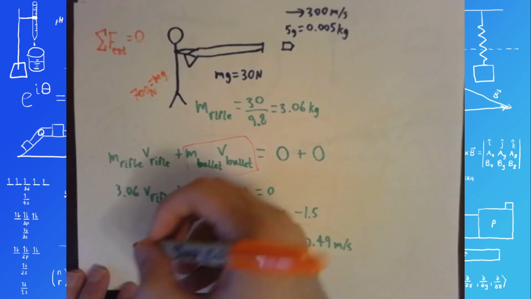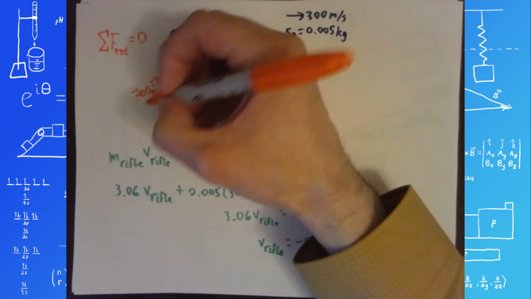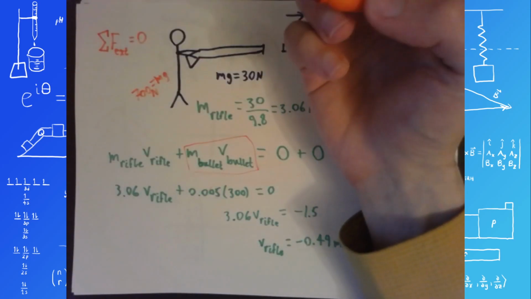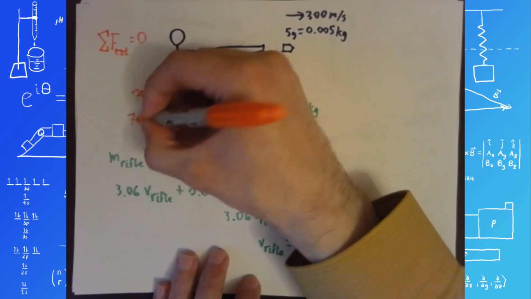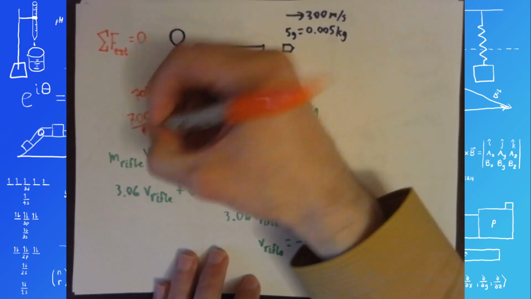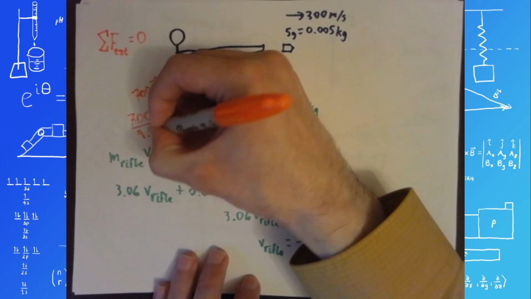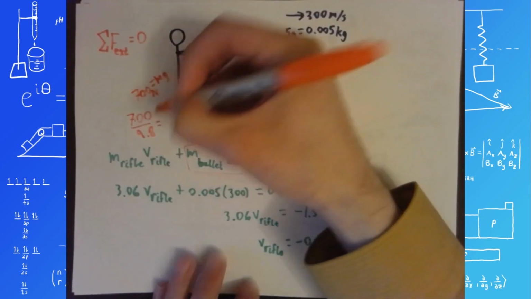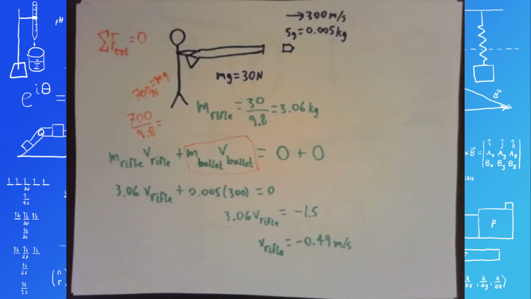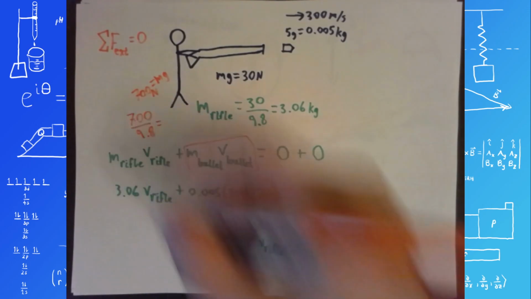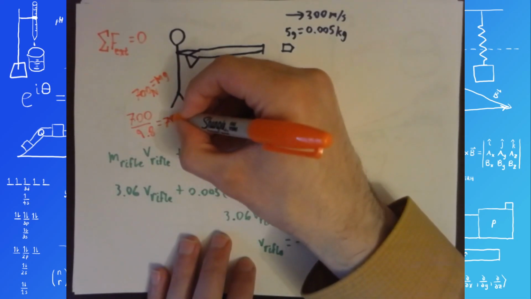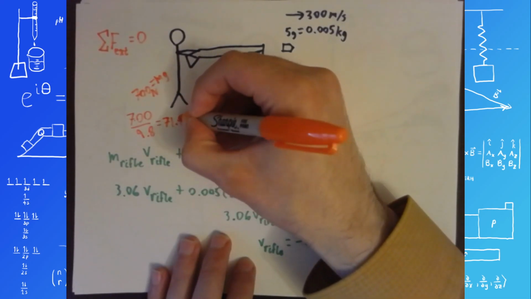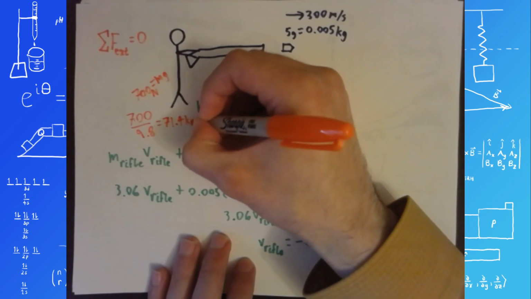So let's see. Go ahead and calculate the mass of the man. 700 over G is equal to, I'm getting 71.4 kilograms, which is fairly typical for an adult human.